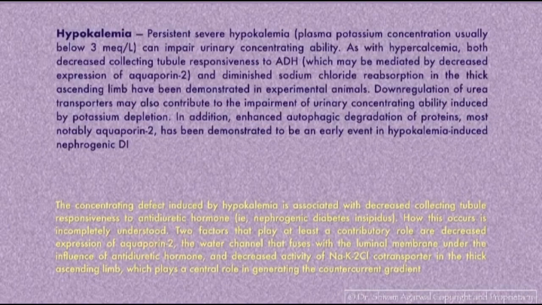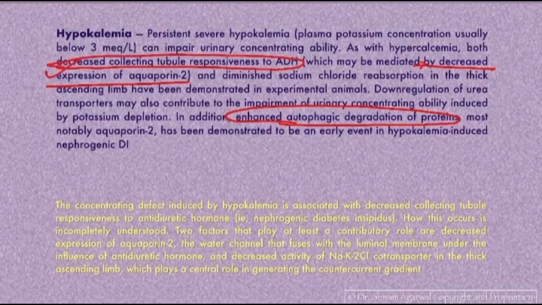There is autophagic degradation of the aquaporin channels. There is decreased expression of aquaporin 2, autophagic degradation, decreased collecting tubule responsiveness to ADH, and decreased activity of the NKCC co-transporter. All this will lead to decreased ability to concentrate.